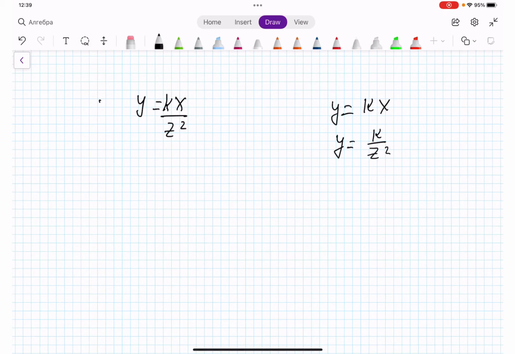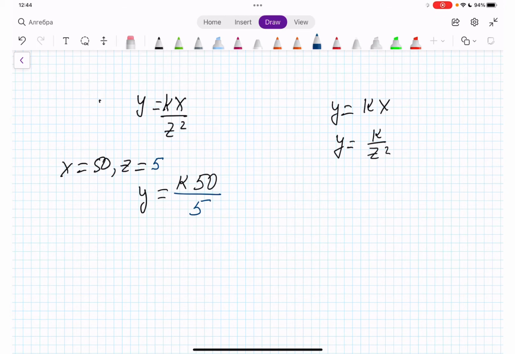So we need to find y. We have x is equal to 50, z is equal to 5. Let's plug in: k times 50 divided by 5 squared. We can't find y yet because we don't know k. How can we find k?